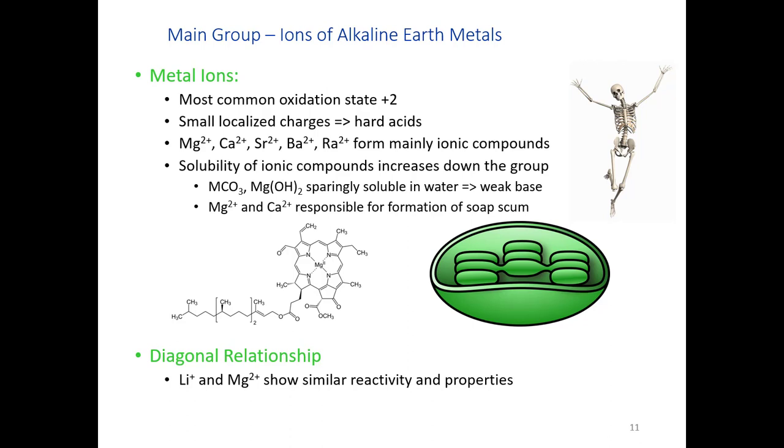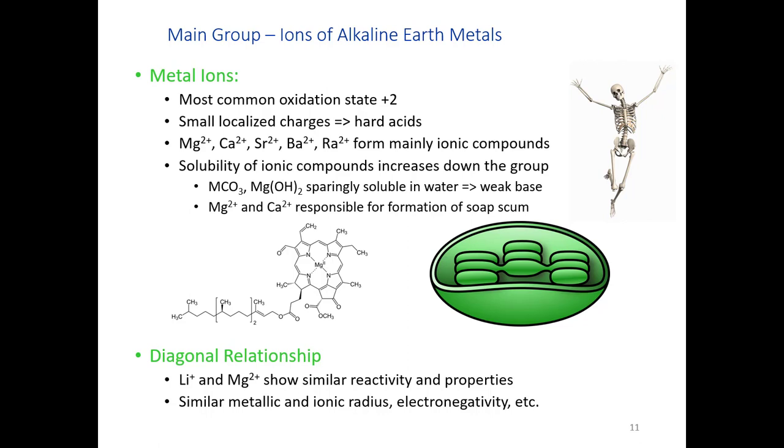These types of diagonal relationships will come up several times during main group chemistry, and it's where elements in adjacent groups will sometimes show similar reactivity. The reason for this is that they have similar atomic and ionic radii, electronegativities, etc. This is because as you go left to right in a period, atomic radius decreases and electronegativity increases.